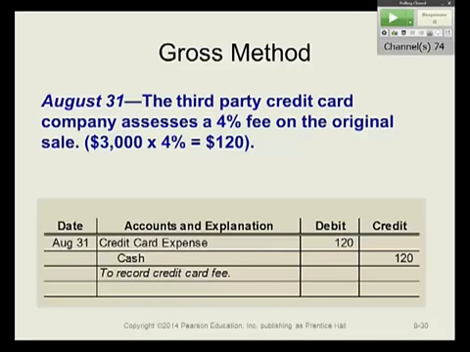So it's the same result. You still get the net of $28.80 as cash. It's the same result, except that it is recorded at two different points in time.